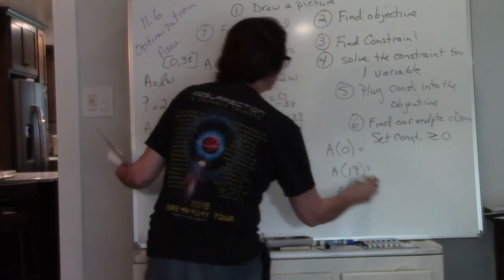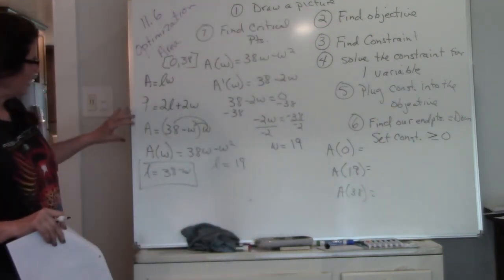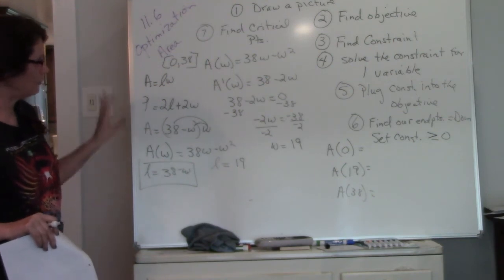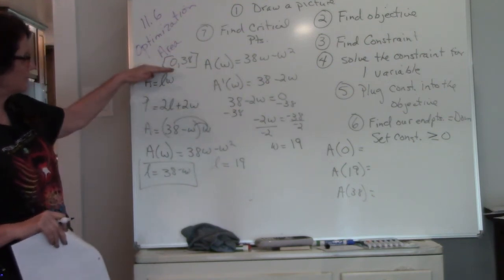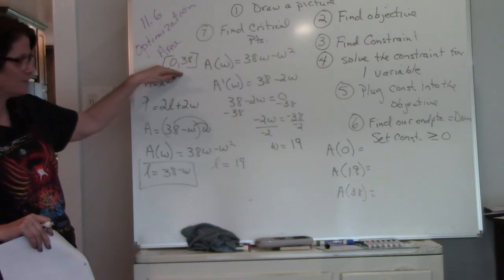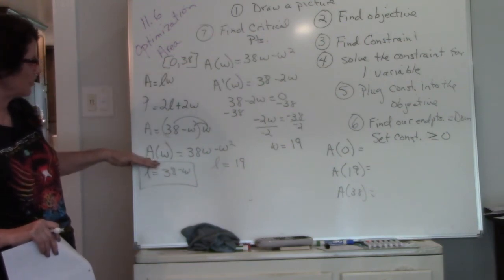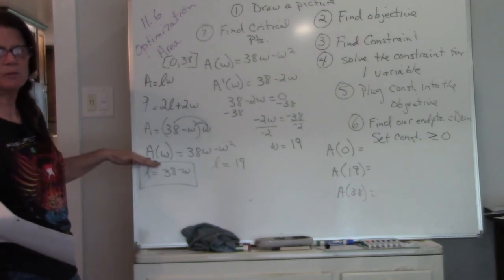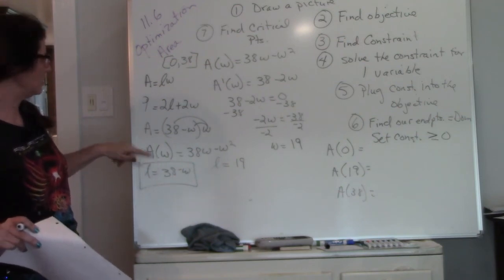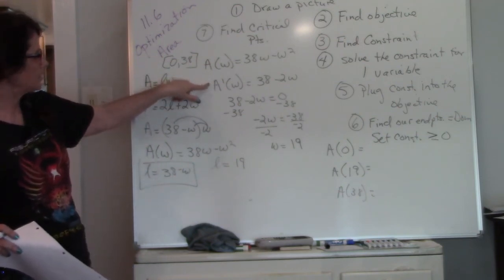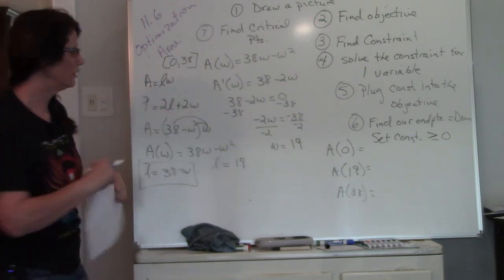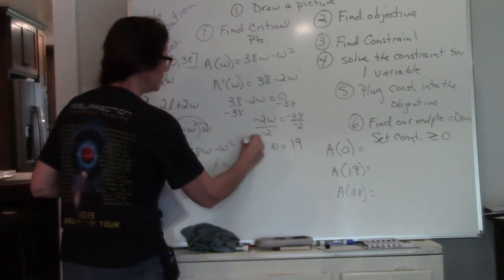Okay, so from this point on, after you have found your endpoints based on the constraint, and once you have your original function, it's exactly what we did with absolute max, absolute min. You find your derivative, you set the derivative to 0 and solve. This is our critical point.